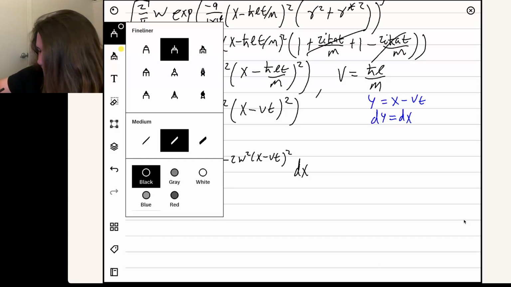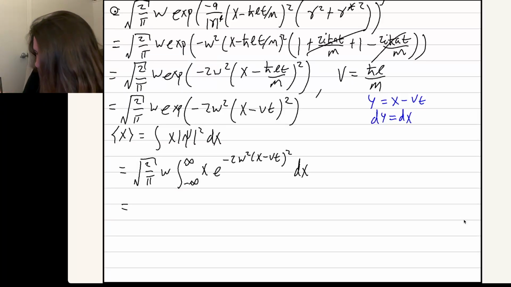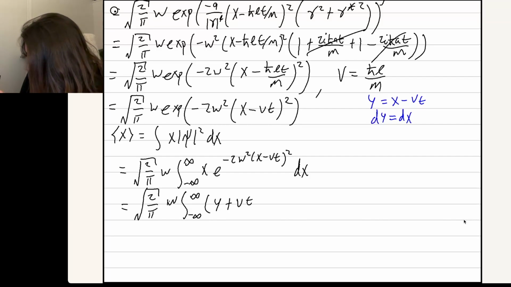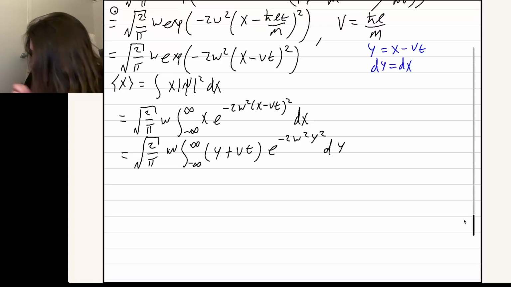And we can rewrite this now as root 2 over pi w. This is now y plus vt here, and this y squared dy. We're going to expand this into two integrals.